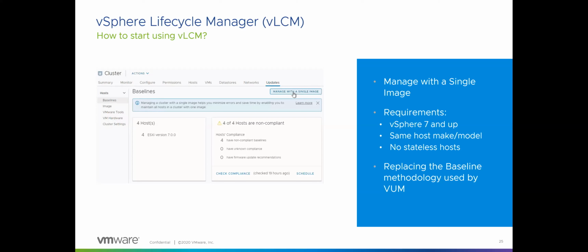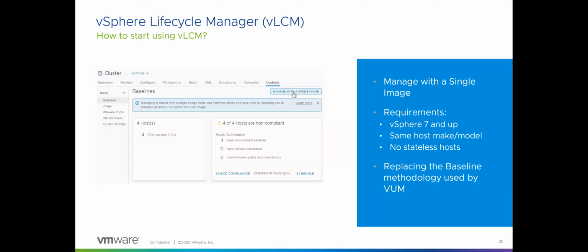Now, I just mentioned the same host make and model. There is some discussion going on about the model, because if you have that desired state image set up and it covers, for example, multiple generations of that same model, you could easily combine those in one cluster.